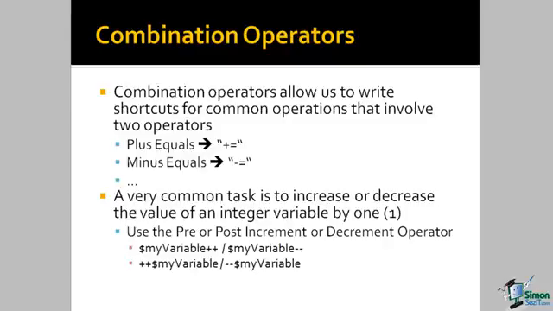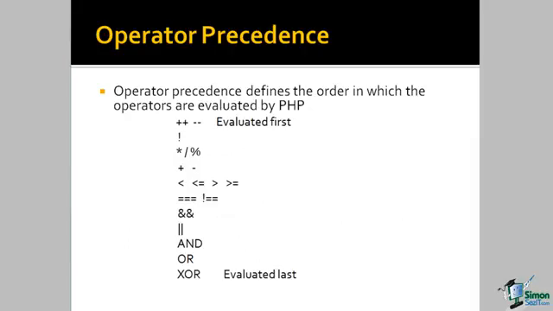Either add or subtract 1 from the current value and then use it with whatever it is that you're doing. So again, these are shortcuts. If you're not comfortable with them right off the bat, it is not a big deal, because they mean exactly the same thing as saying my variable equals my variable plus 1, or my variable equals my variable minus 1. So these are, again, just shortcuts.